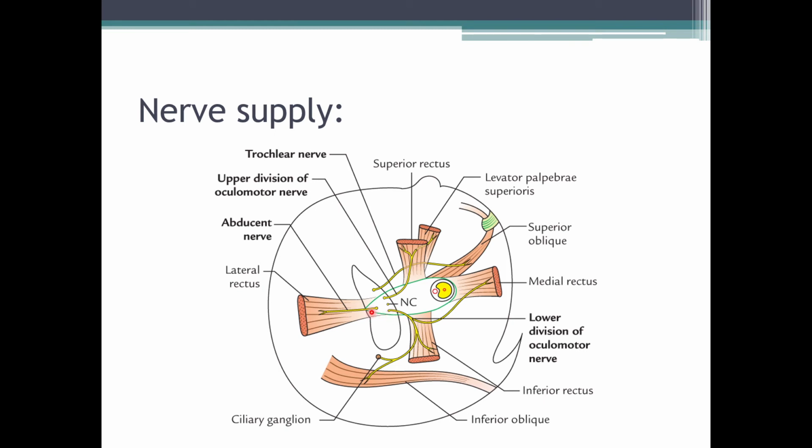This green is your common tendinous ring, and this part and this part is the oculomotor nerve. The oculomotor nerve comes out via the middle part of the superior orbital fissure, and this is the superior division and this is the inferior division. Between the two divisions lies the nasociliary nerve.